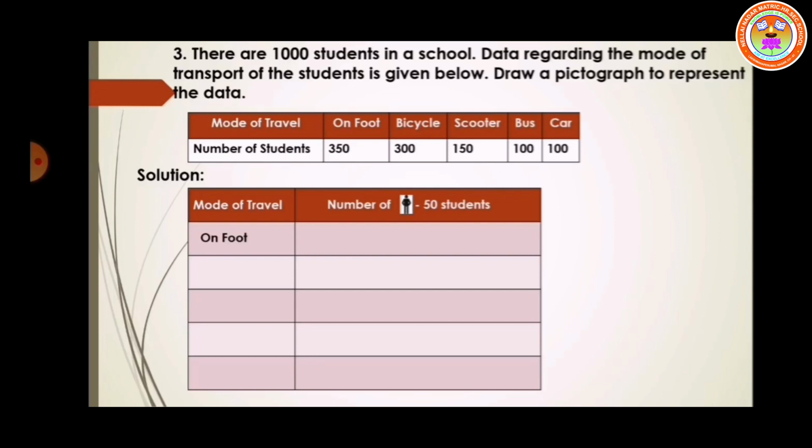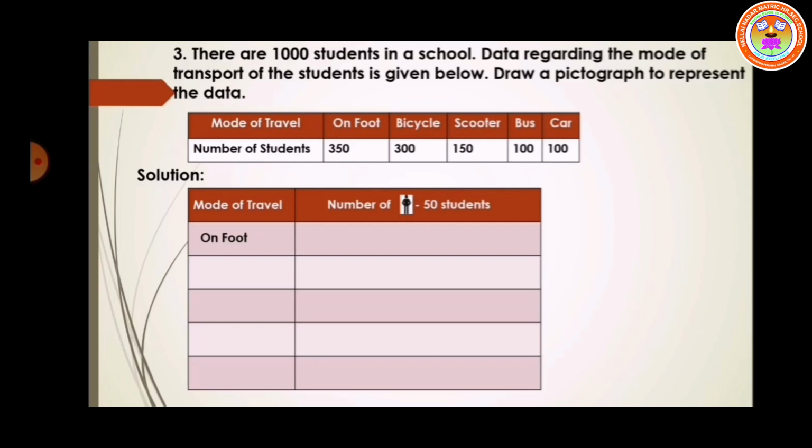It is not possible to draw 350 stick figures in the table. So we take one stick figure to represent 50 students.